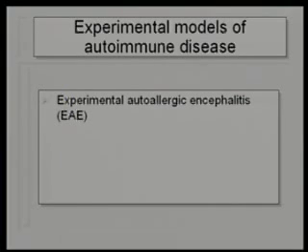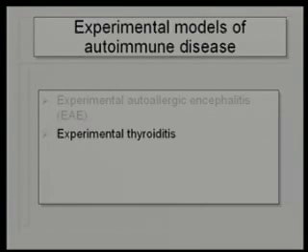It's like mayonnaise, actually. It looks like mayonnaise. It forms an antigenic depot. Anyway, if you immunize against that in certain strains of mice and rats, you can produce encephalitis. Thyroiditis: you can take thyroid tissue, grind it up into adjuvant, immunize animals, and they come down with thyroiditis.